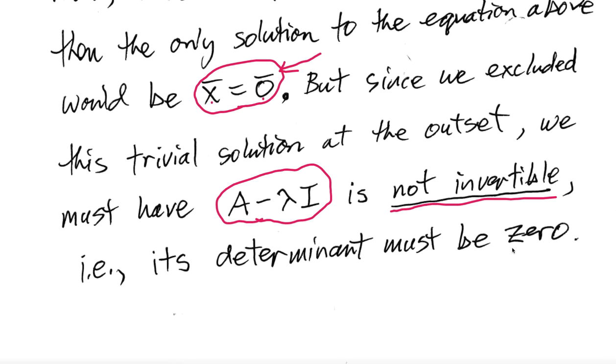When is a square matrix going to be not invertible? Well, you remember, a square matrix is invertible if and only if its determinant is non-zero. Since I want it to be not invertible, that means its determinant must be equal to 0.